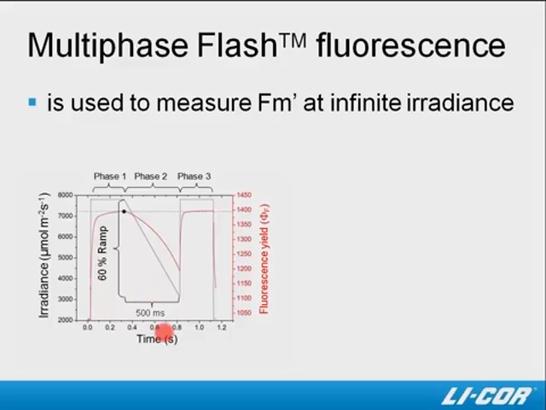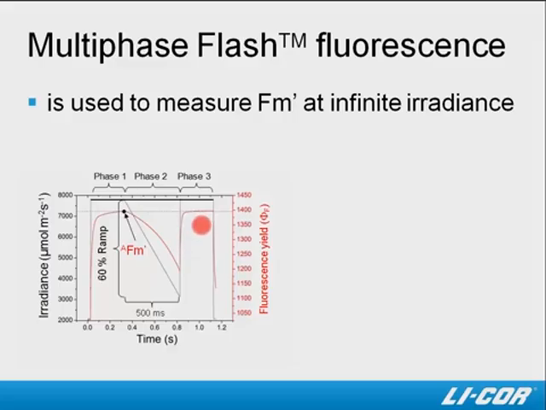So during phase 1, the fluorescence yield increases to an apparent maximum, or AFM prime. During phase 2, the fluorescence yield decreases hyperbolically, only to recover to the phase 1 level during phase 3. The phase 2 fluorescence yield can be used to derive fluorescence yield at infinite irradiance. For example, shown here is the phase 2 fluorescence yield plotted as a function of the reciprocal of the phase 2 irradiance.